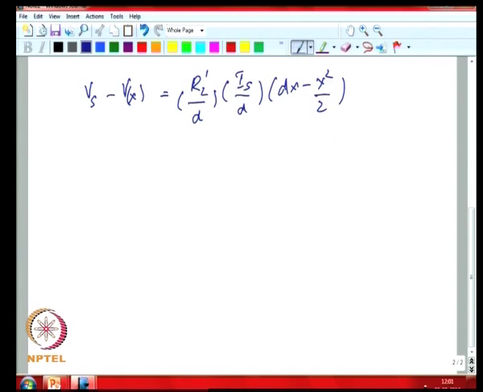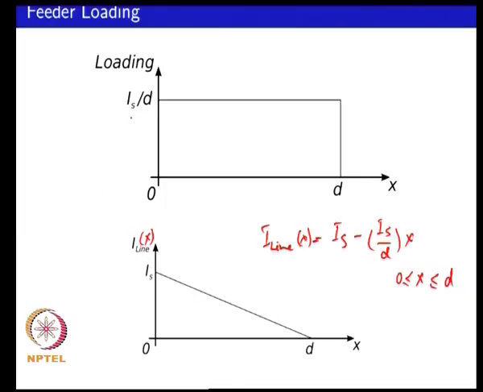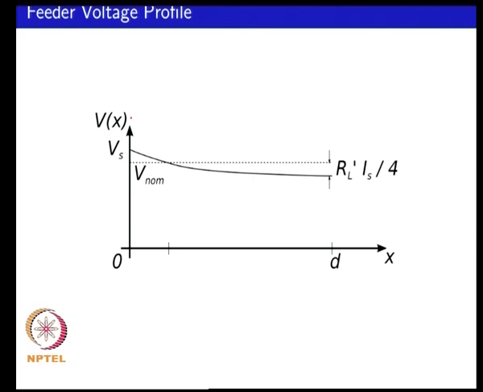So, essentially what you get is you can write an expression for V of x, you will get that to be equal to Vs minus some term as you proceed along the feeder. So, you get an expression for your voltage that is actually parabolic.